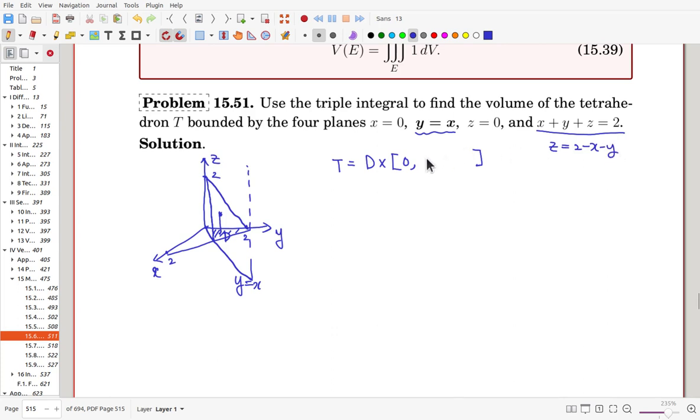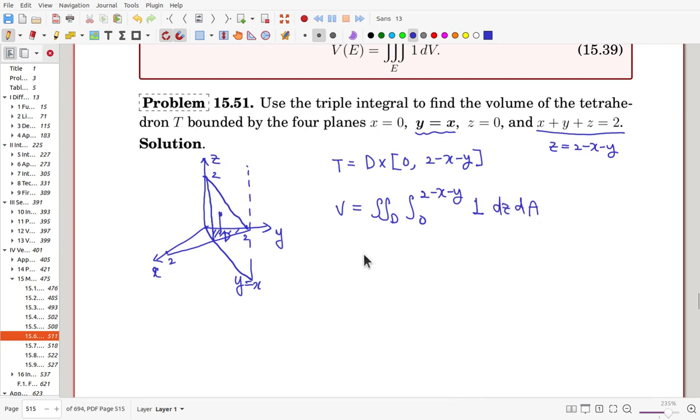Okay, not so complicated. 2 minus x minus y. So the volume of the tetrahedron is the double integral over D, and now the final direction is from 0 to 2 minus x minus y. Now the integrand must be 1, and dz and dA.